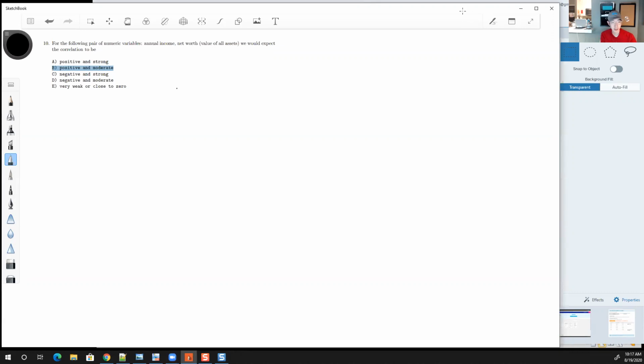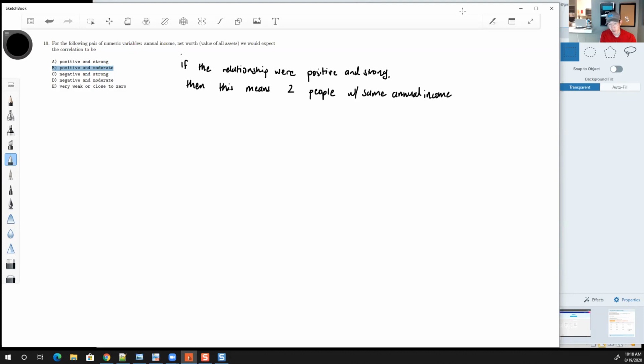So if the relationship were positive and strong, then two people with the same annual income are expected to have very similar net worths, right?